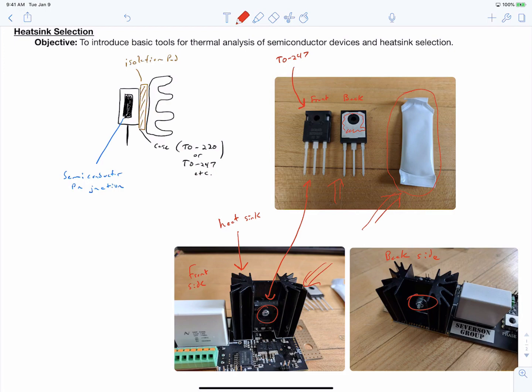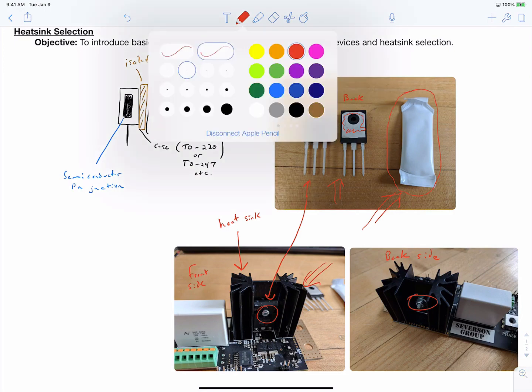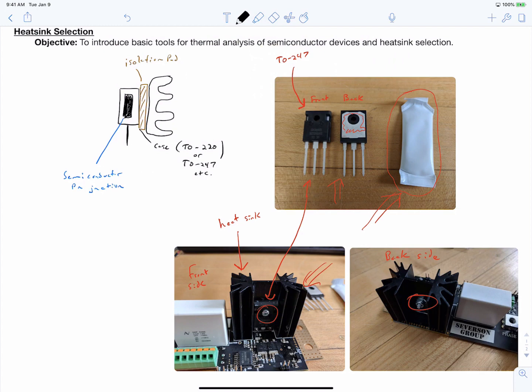Now let's start to talk about some analysis here. We'd previously noted when we went through a data sheet for a MOSFET that we had observed a quantity called R theta JC, which was in units of degrees Celsius per watt. This was the junction to case thermal resistance.